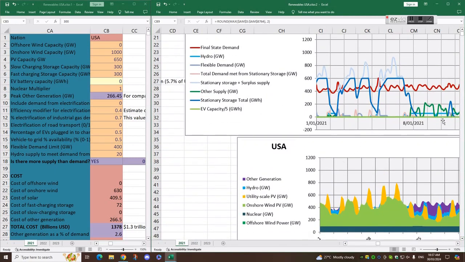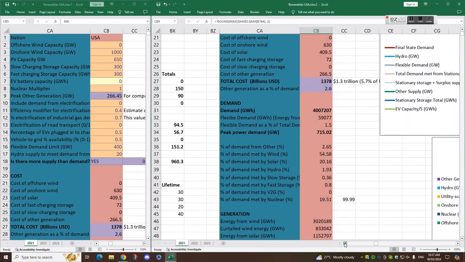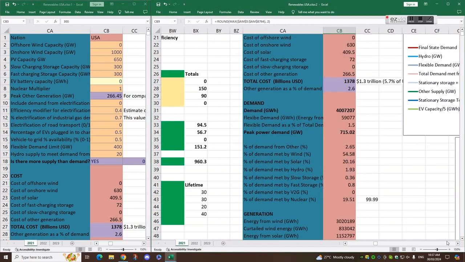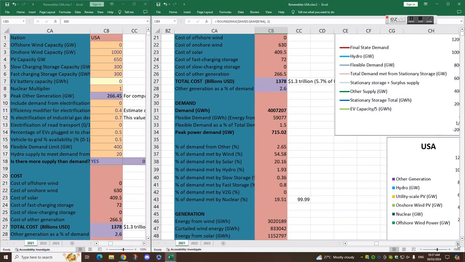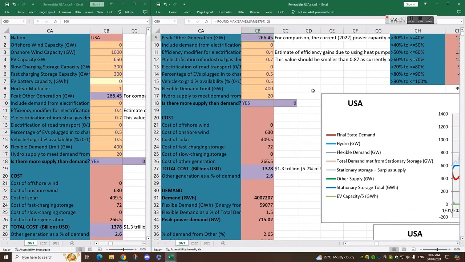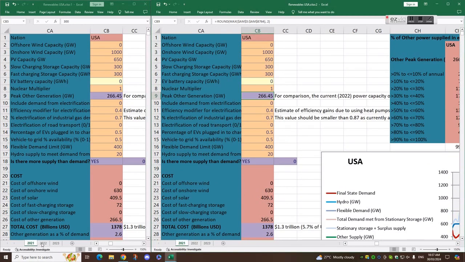You can see the results, the outputs, in the graphs, and also in the results table. The idea is to find a build that works for all of the data. So this is just 2021. You'd have to put the same data into 2022 and 2023 to see if supply also met demand in those situations and how it worked.